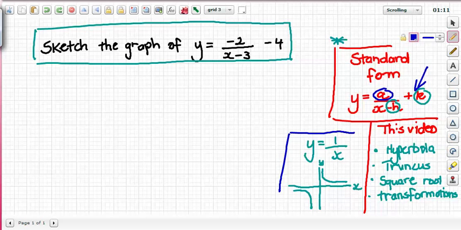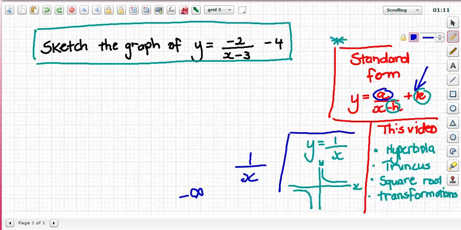First of all, if I was to think of the graph 1 on x, let's think about what happens. Let's look at really small values, let's just say negative infinity, which isn't really a number, but let's think of a really, really large negative number. What's going to happen?